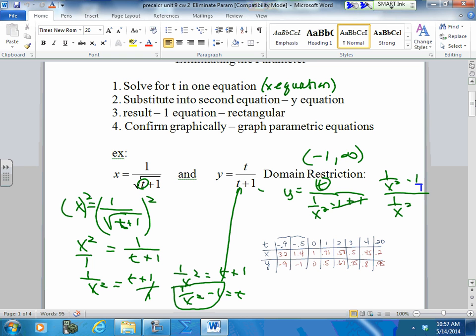Let's make a common denominator. Look at all your denominators. What's your common denominator? x squared. So every term is going to get multiplied by an x squared. So x squared comes out, and we get 1 minus x squared over 1. So how bad is that? Whoops. My board is a little bit off here.